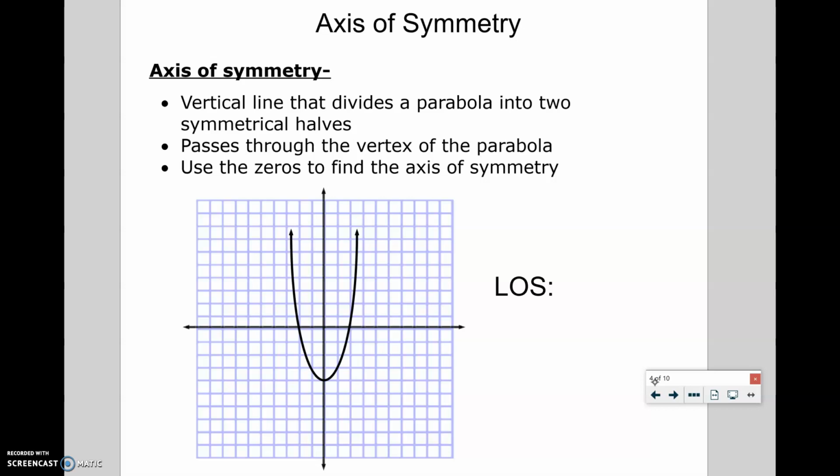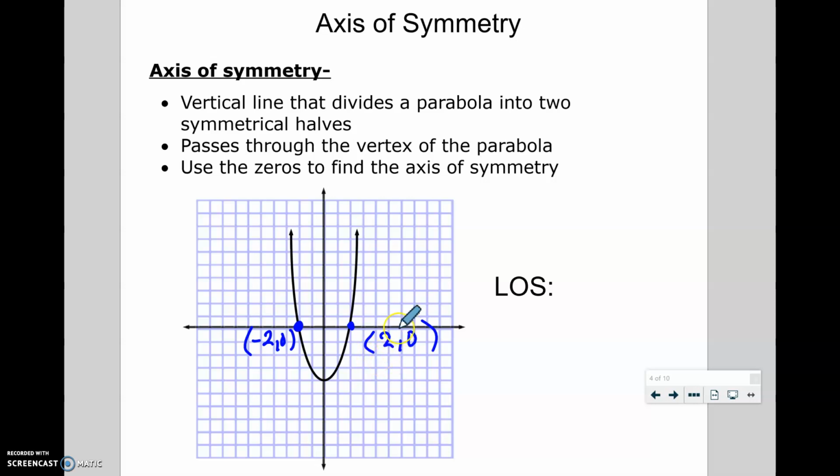Another thing to remember about that axis of symmetry is it passes through the vertex, and if we have that graph, we can sometimes use the zeros to find the axis of symmetry. So for instance, this one, if I'm thinking about this is my point of -2, 0, and this is my other zero at 2, 0. What you can think of is, okay, here are my 2 zeros.